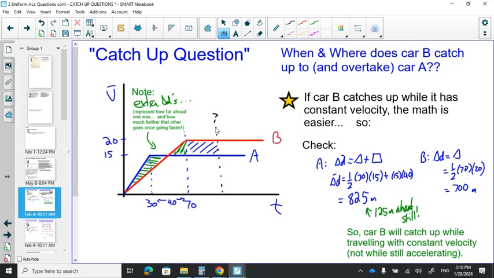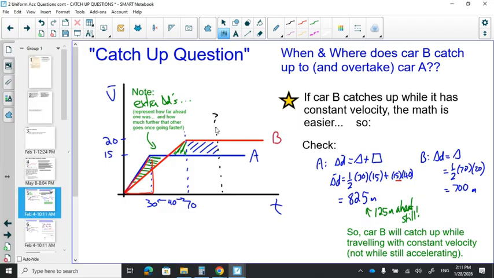So what you can do is calculate how far car A goes in this total of 70 seconds. You see the 1/2 of the base times the height, that's really the area of this triangle here, giving you how far car A goes in 30 seconds. And then we have the left over time, the 40 seconds, traveling at 15.